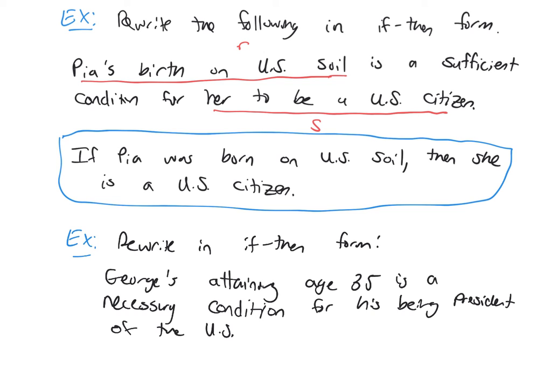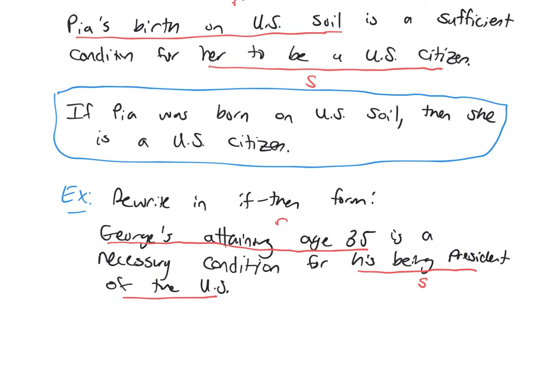So again, let's break it down. The part before necessary, George's attaining age 35, that would be R, is a necessary condition for his being President of the U.S., that is S. So then how do we rewrite necessary?